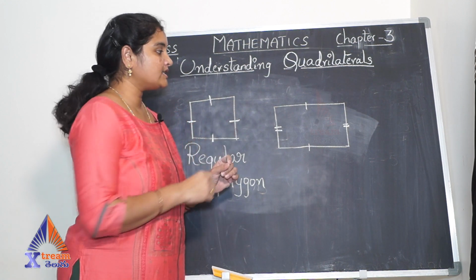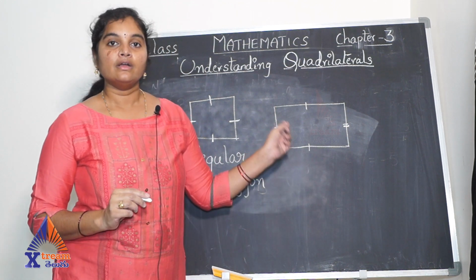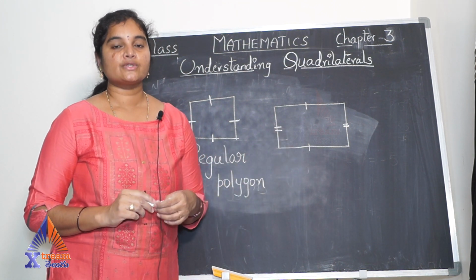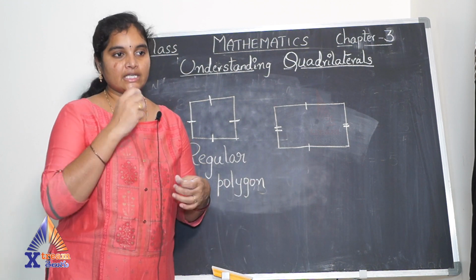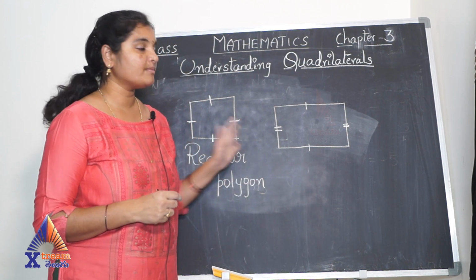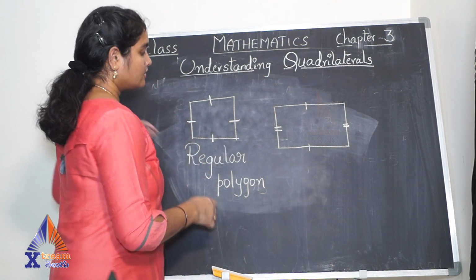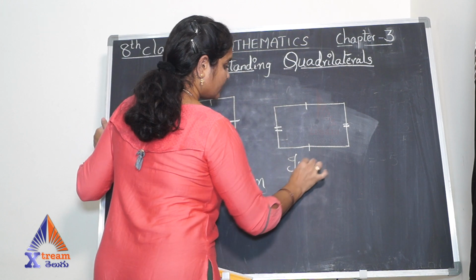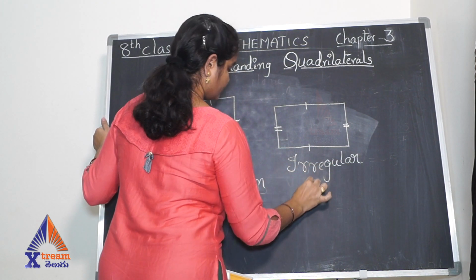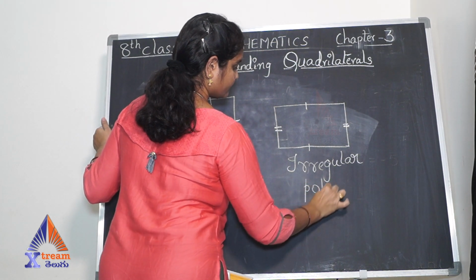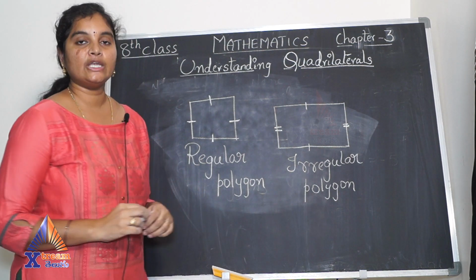Instead of writing that these sides are equal, you can simply show it using a symbol. That's the beauty of geometry. In other topics you have to write every sentence, but in geometry you get to use many shortcuts. So I call this an irregular polygon, because all the sides are not equal.